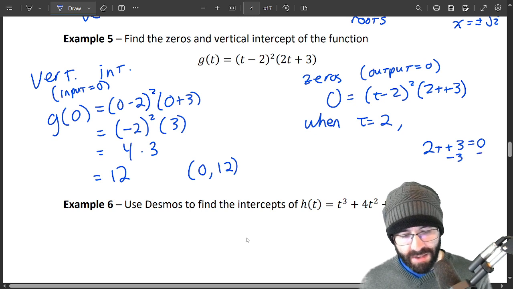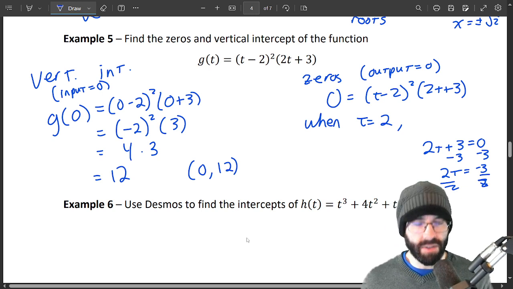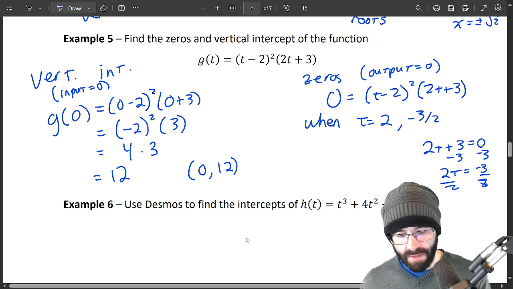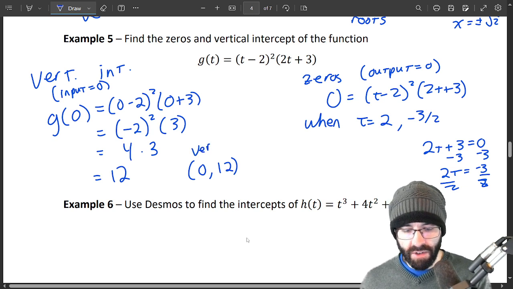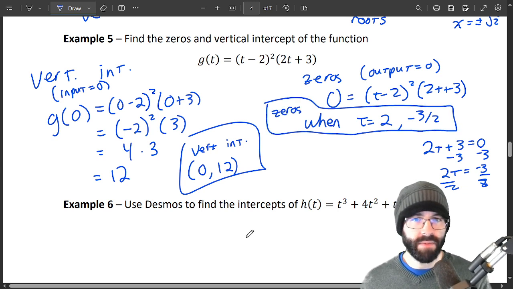Subtract 3 from both sides. 2t is negative 3. Divide both sides by 2. Oh, t is negative 3 halves. So here's our vertical intercept. Here are our zeros. And that's our answers.